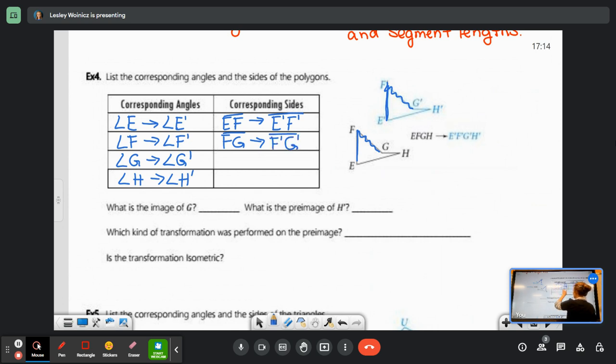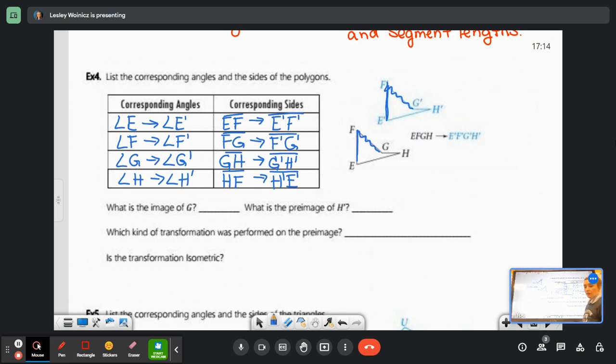We keep going. Segment GH maps to segment G prime, H prime. Segment HE maps to segment H prime, E prime. It's not hard to do, it's just hard to say.